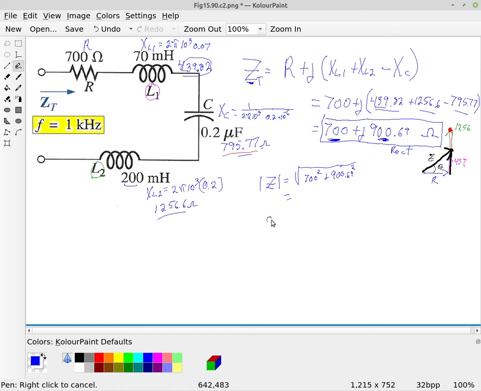And then we could find the angle theta, which is this phase angle, which would be the arctangent of the opposite, 900.69, divided by the adjacent, 700, and that would give us the angle. You could punch that into your calculator, but of course I like to use the Octave software.